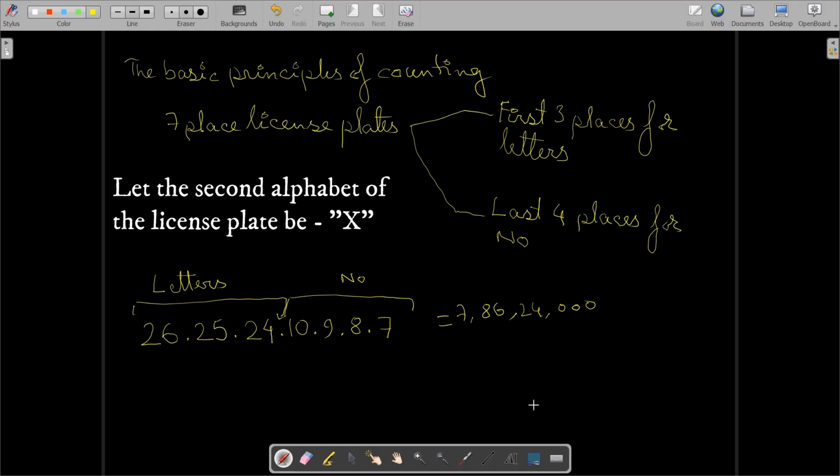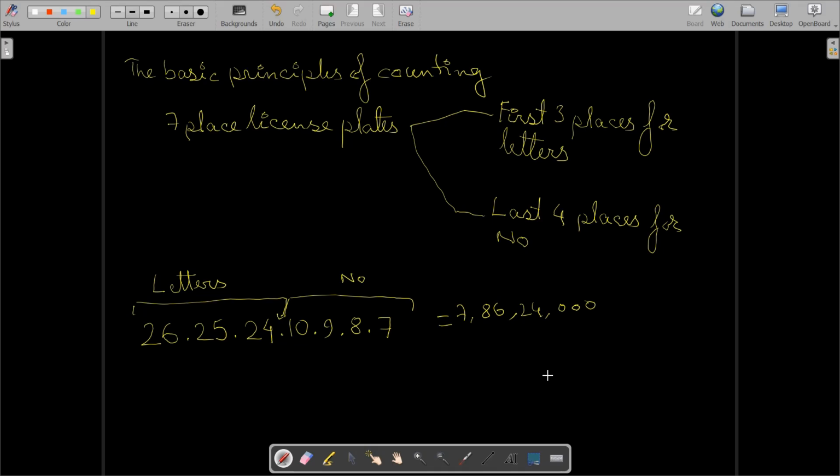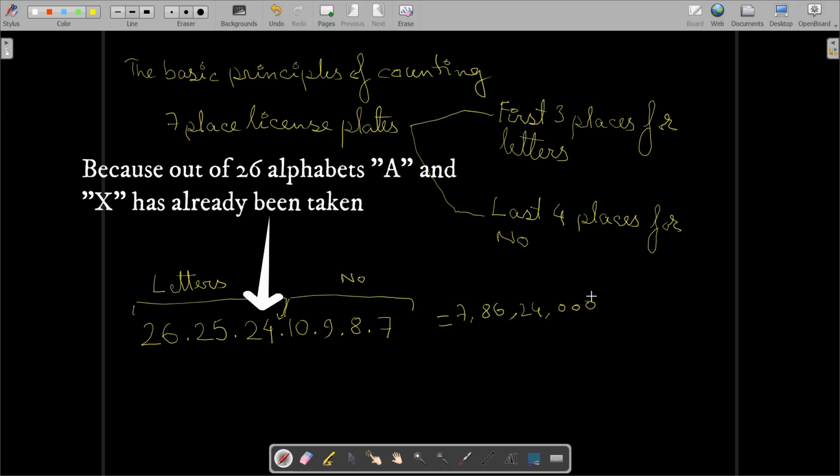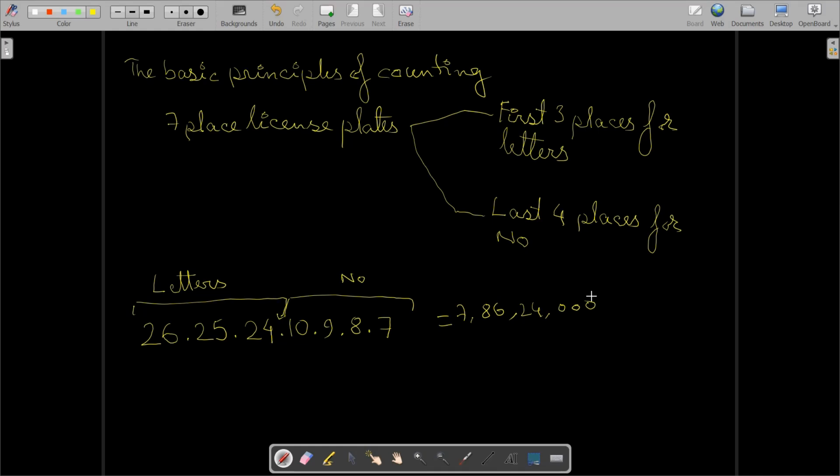In this case, for example, let it be X. I have written 24 at third place because as letters A and X have already been placed and cannot be repeated, I have to choose from 24 alphabets.